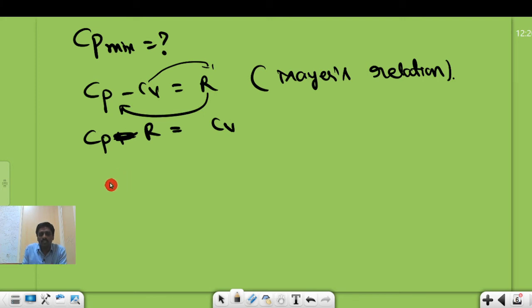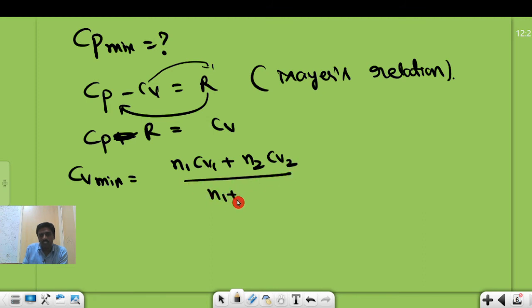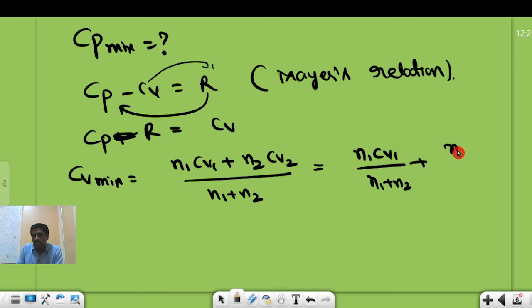So we already know the formula for the CV mix. CV mix is equal to N1 CV1 plus N2 CV2 divided by N1 plus N2. This formula we are having. So this formula can be written like this, N1 CV1 divided by N1 plus N2, plus N2 divided by N1 plus N2 into CV2.